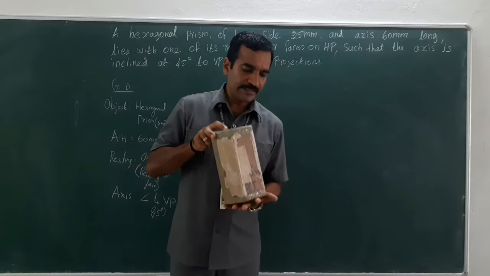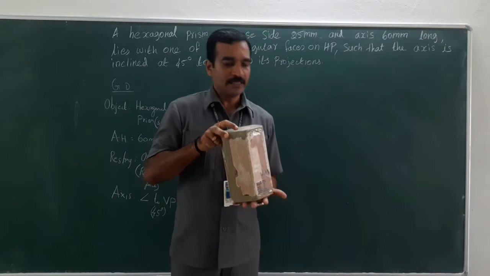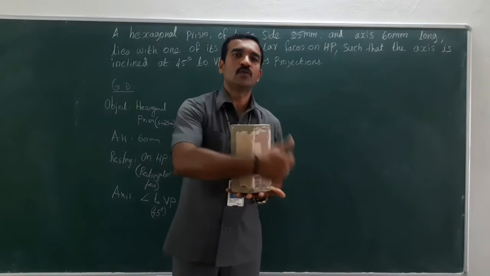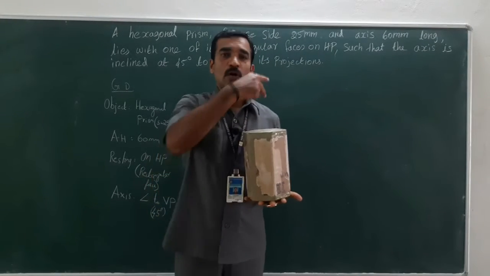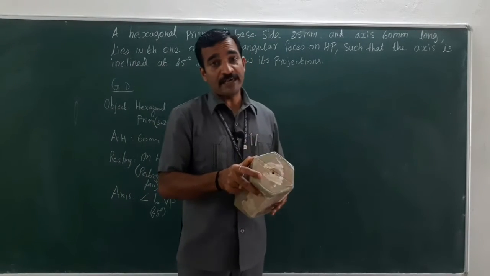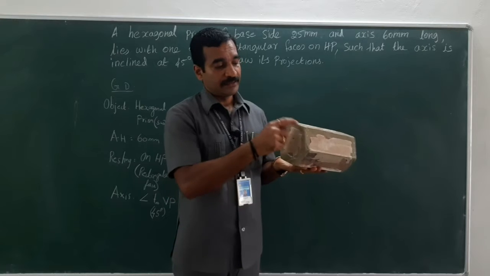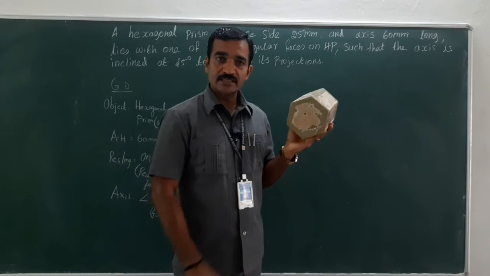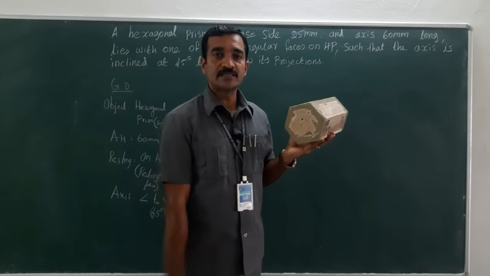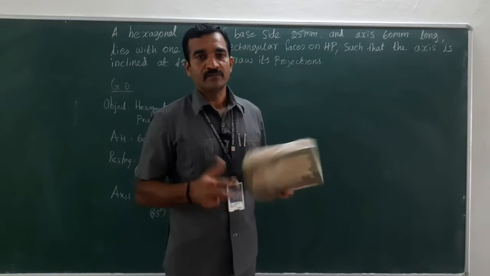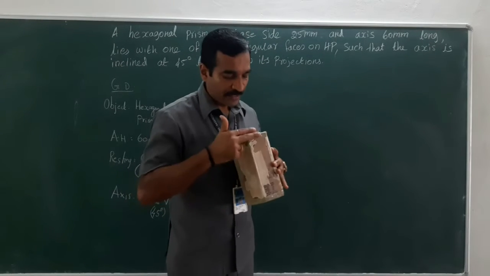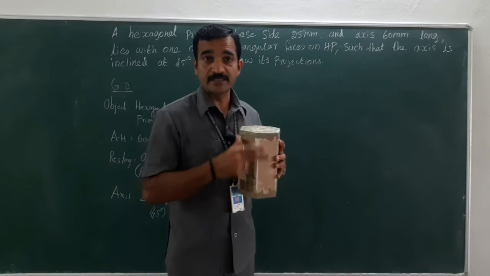Suppose its edge is kept as a condition, then it is resting with one of its edges. But what it says is rectangular face. This is the top face, this is the bottom face, these are corners, these are edges or sides, and these are the rectangular faces.